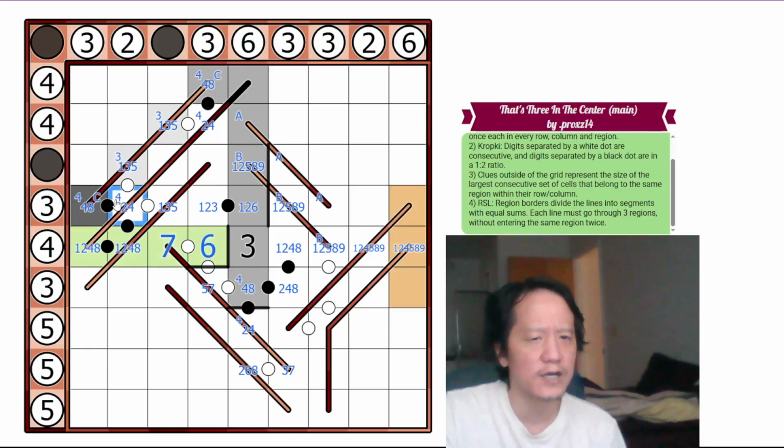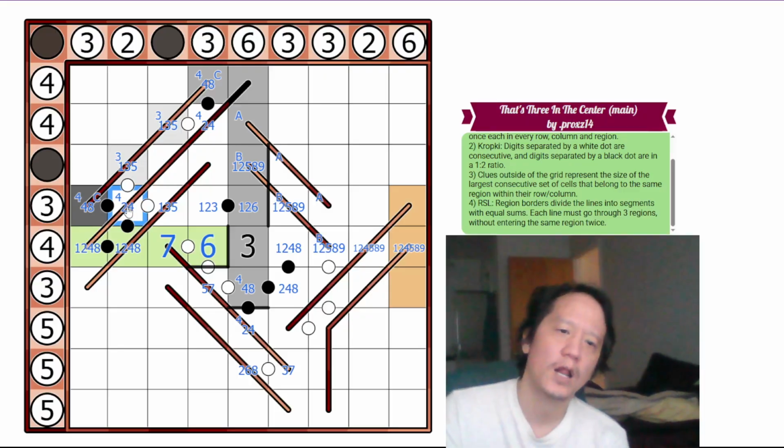Okay, so can this ever be... I don't think this can ever be the same digit, right? If this is the same digit as that, and it's the same region... Well, if it's the same digit, first of all, 4 and 4... Huh.